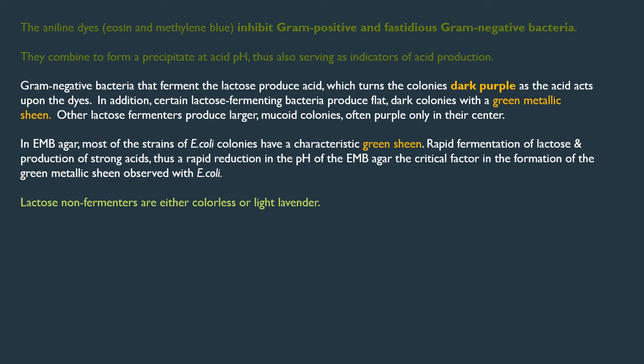It is because of the rapid fermentation of lactose and production of strong acid which reacts with the dyes, and it gives a metallic sheen to the colony. Lactose non-fermenters will be colorless or light lavender. So this is how you use EMB agar.